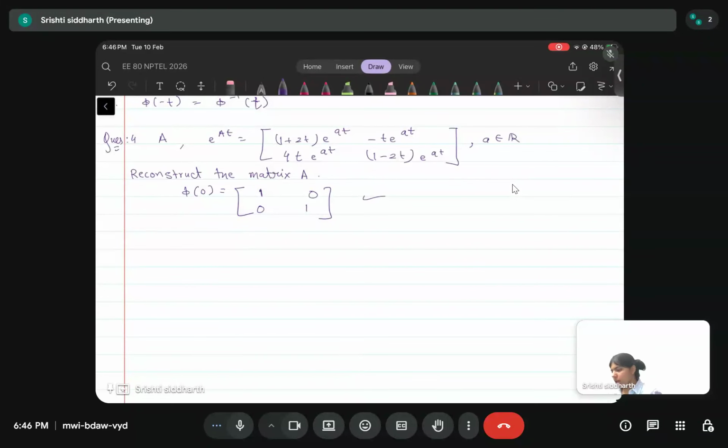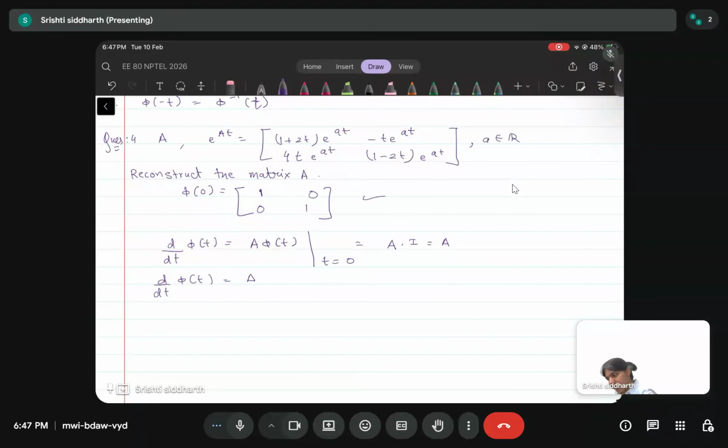So now we need another property of the state transition matrix, which is d by dt of phi t, which is A times phi t, and compute this at t equals 0. So we are doing this because we know that A at time 0 is just A because we're talking about an LTI system and phi 0 is identity.